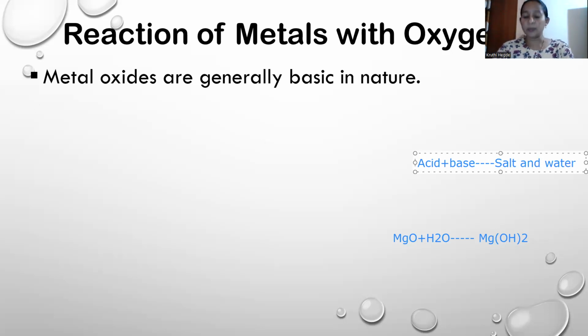Salt and water is obtained when acid reacts with base. So here, if a metal oxide reacts with acid to give salt and water, it should be of basic nature, right? Okay, so metal oxides are generally basic in nature.